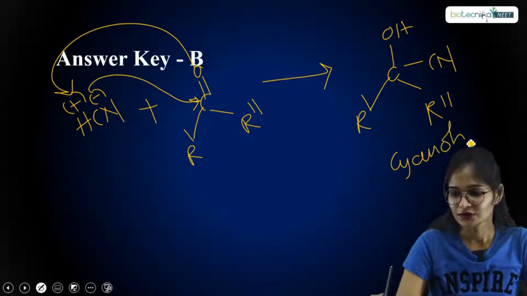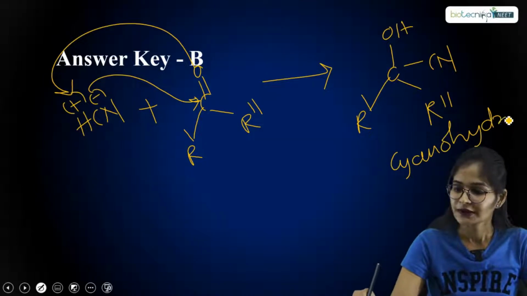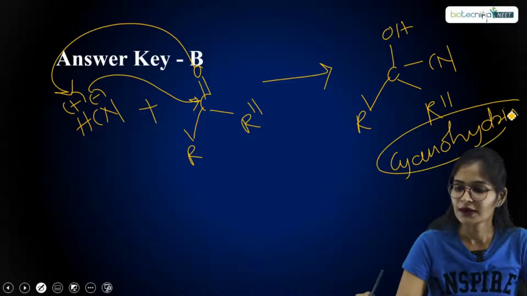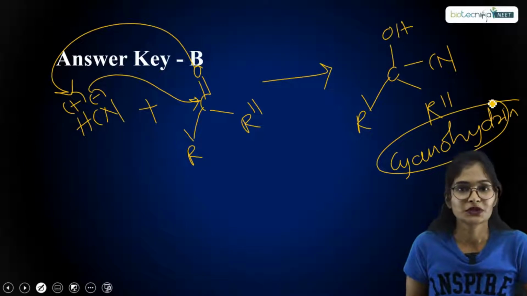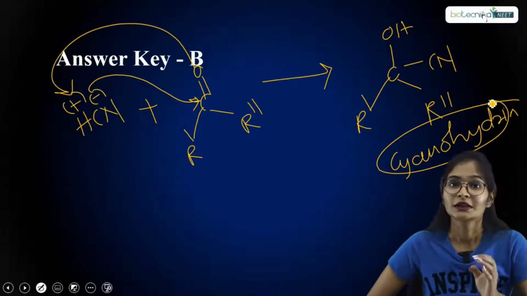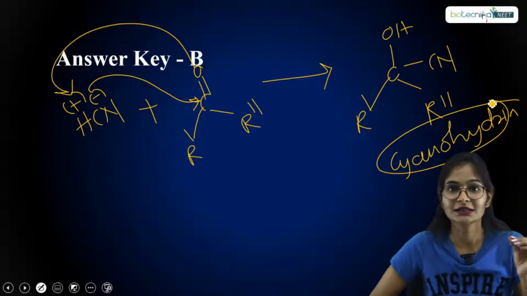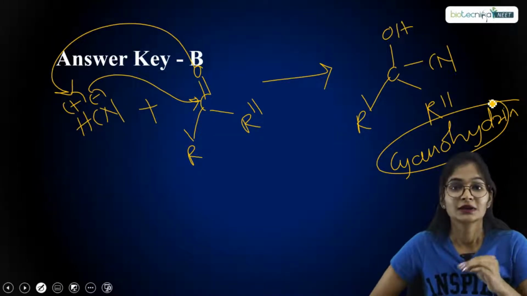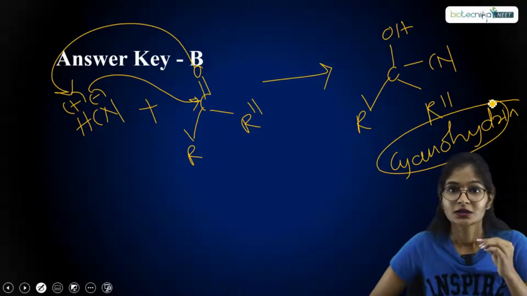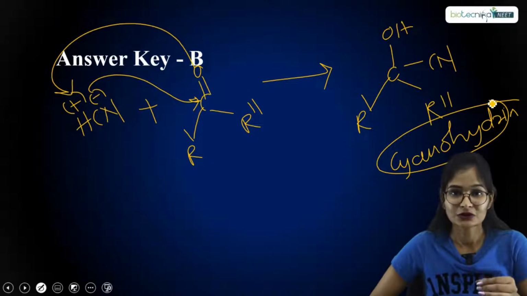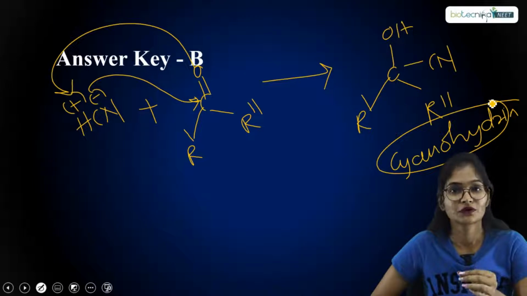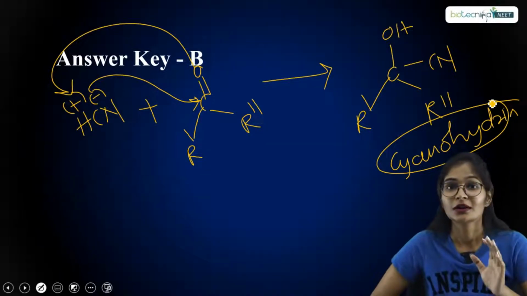By looking at the reactant and product side itself, you can answer easily that it is option B only, because only in option B is HCN, that is A, giving the product cyanohydrin when reacting with part 4 of list 2.